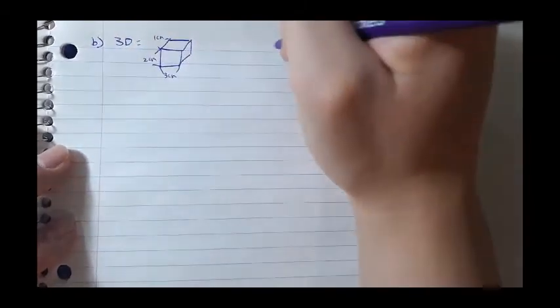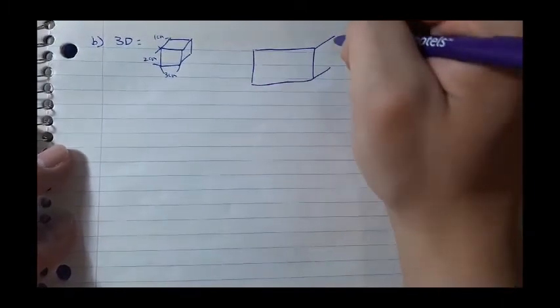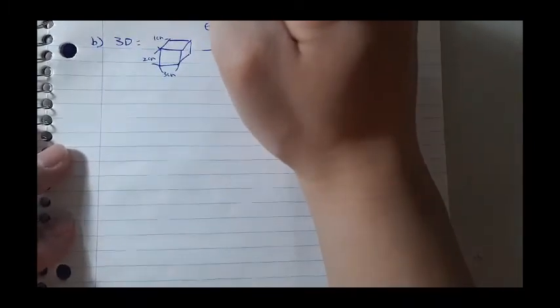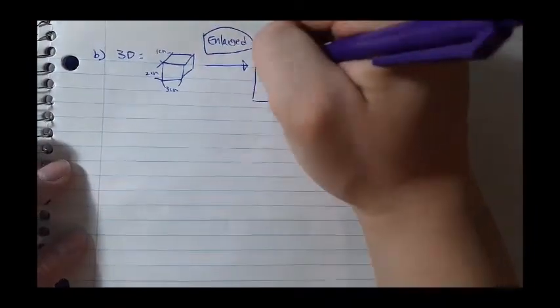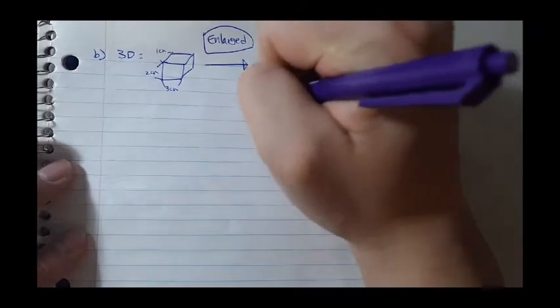I have a rectangular prism, 1 centimeter, 2 centimeter, 3 centimeter, and this time, unlike the previous situation, I have a definitely enlarged situation. Have it in your mind, folks. I have 5 centimeter, 10 centimeter, 15 centimeter.